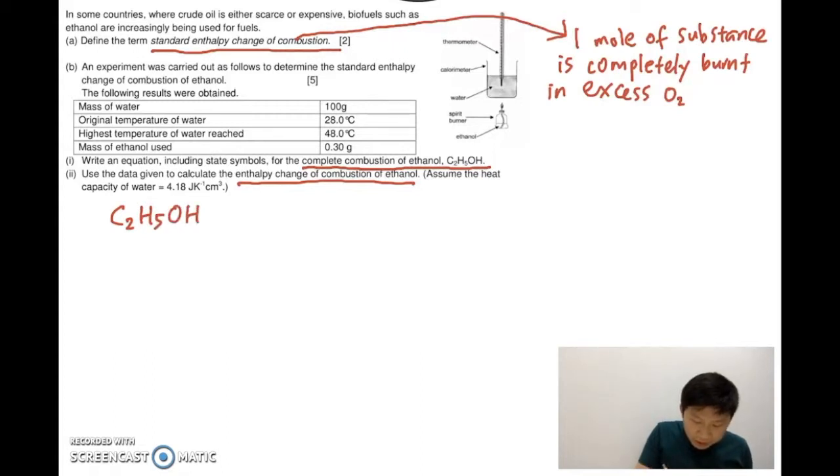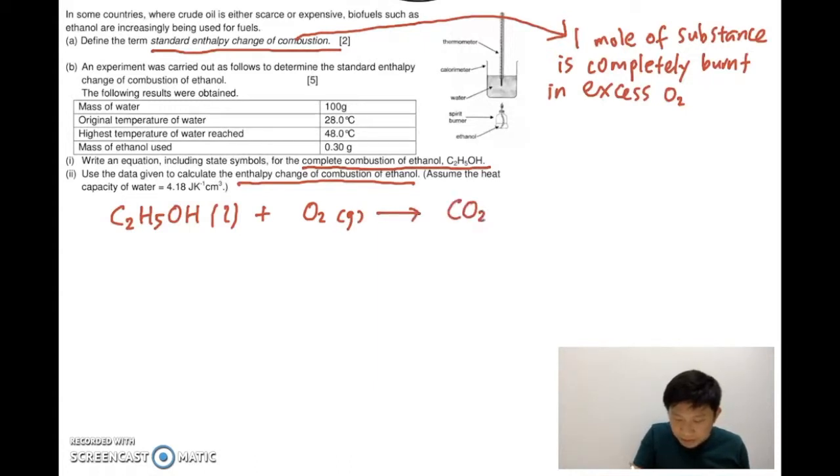C2H5OH, okay, so this is a liquid, plus oxygen gas, produce carbon dioxide gas and H2O liquid. Okay, so first of all you need to balance the carbon first.